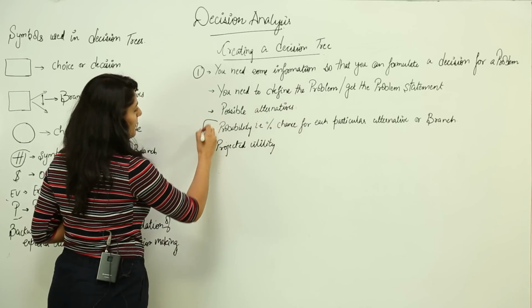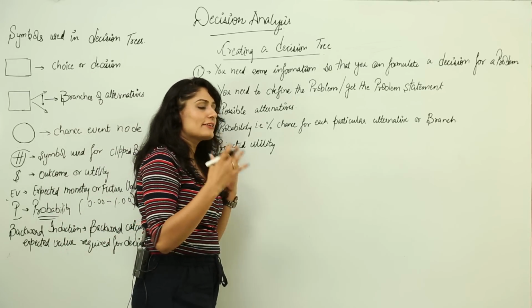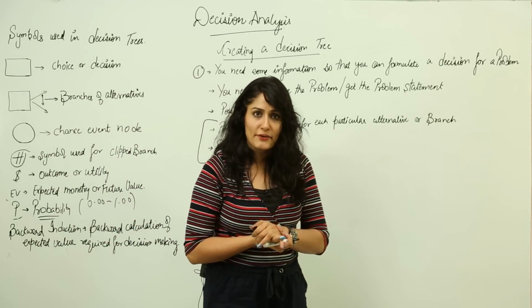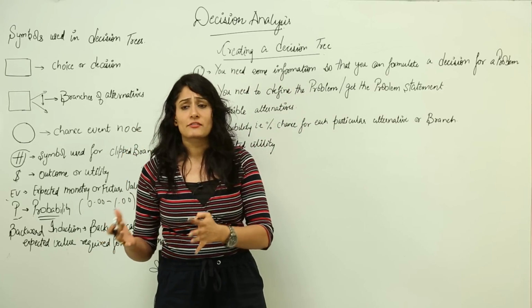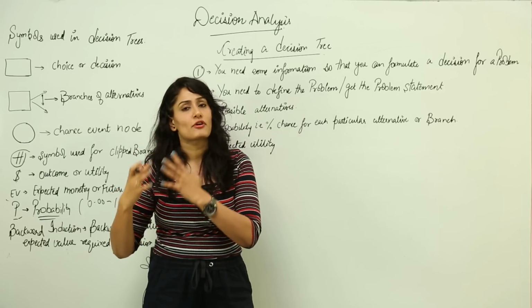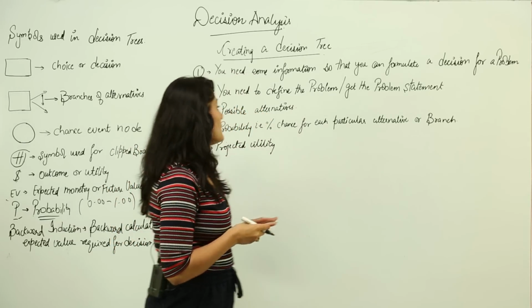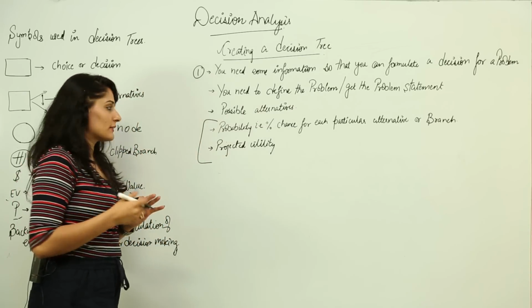Both these probabilities and the projected utility we can get from subject matter experts, or we can use certain data if it is available to us, or historical data, or we can go ahead with surveys or sampling methods. So basically these are a kind of educated guesses which you take, right.